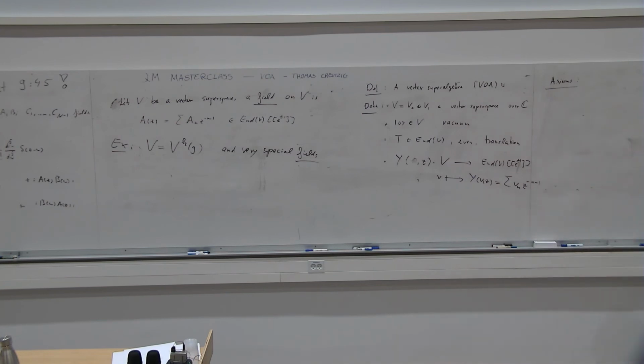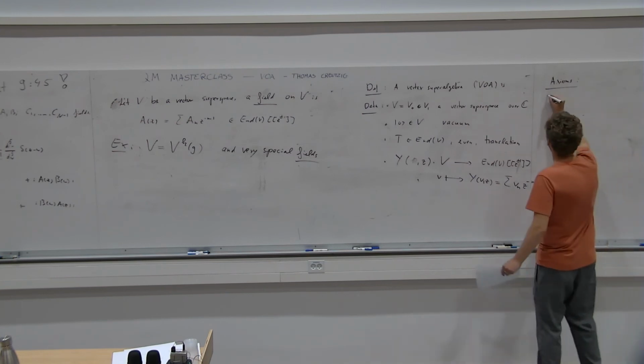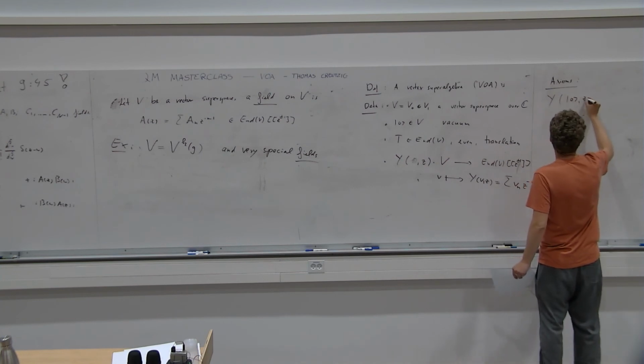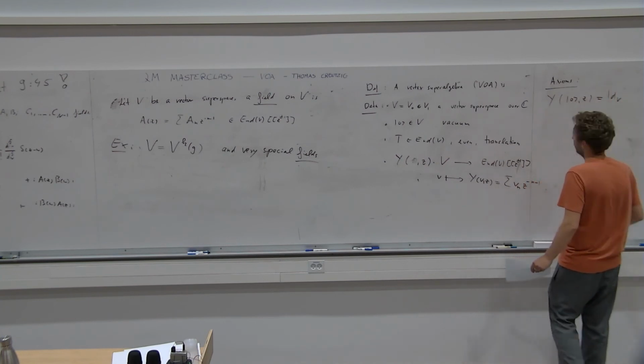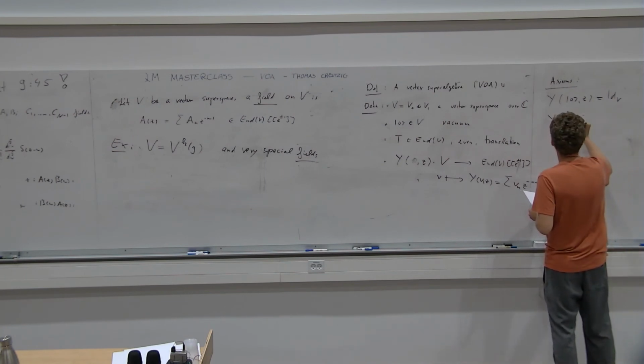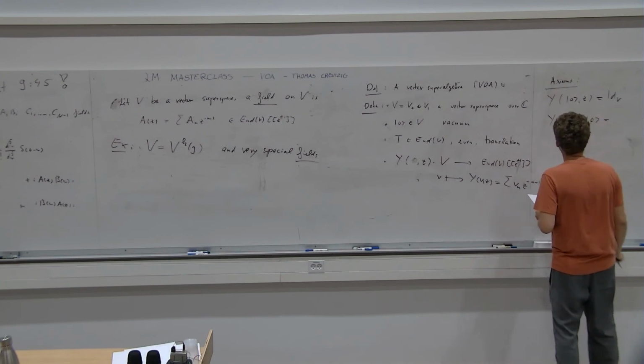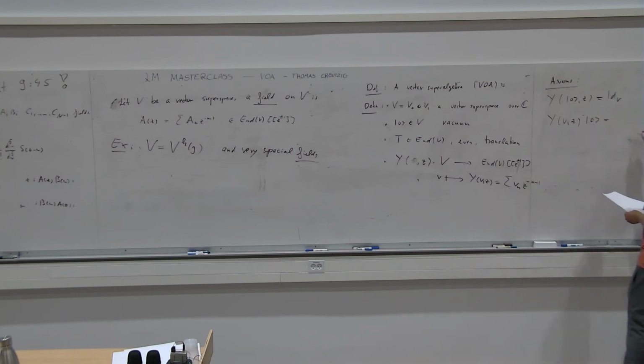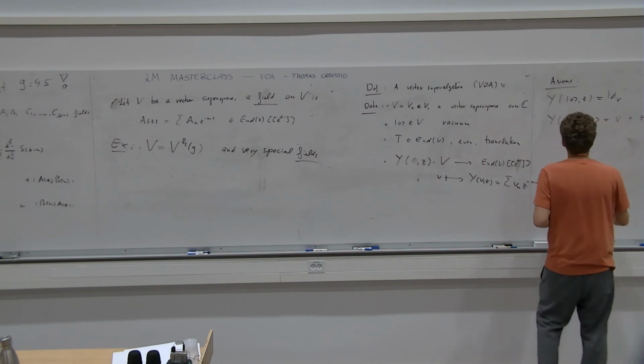Okay, what are the axioms? The field associated to the vacuum vector is just the identity operator on V. If a field acts on a vacuum, we want to get the original vector v back, and then plus something that's somehow subleading, meaning it only has positive powers in z. You can translate this.